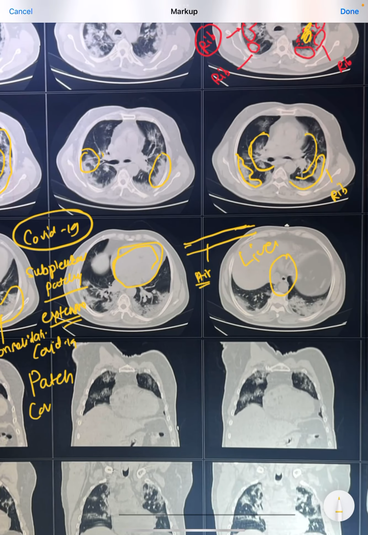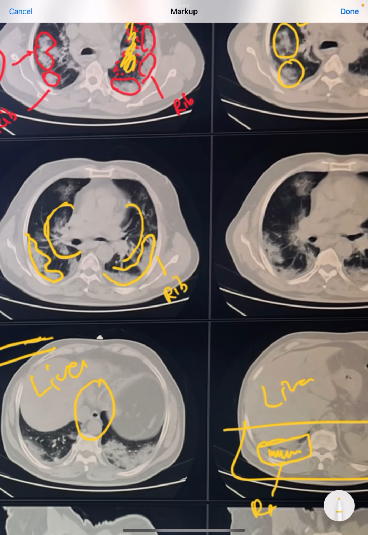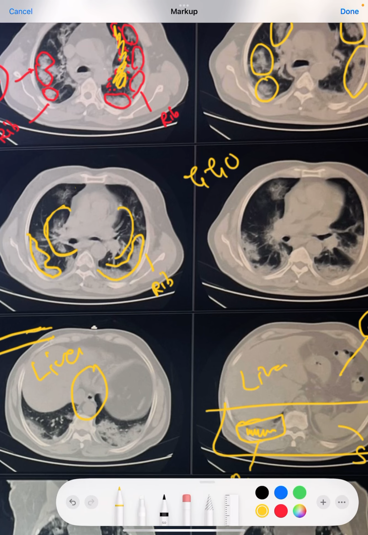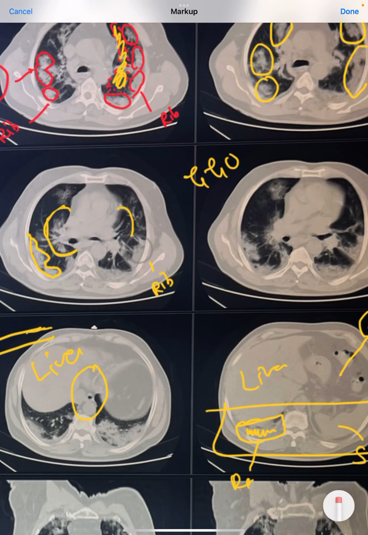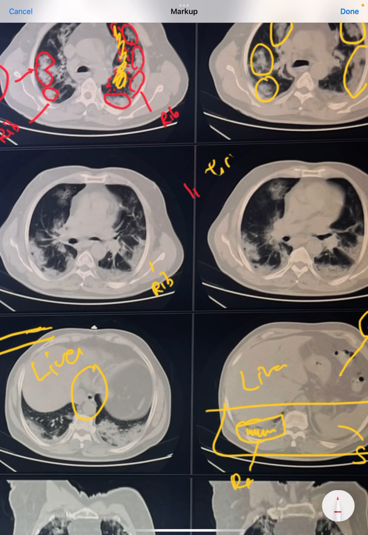Apart from this dense patch, the other typical finding of COVID-19 is GGO, that is ground glass opacities. What is a ground glass opacity? When we compare it with the dense white consolidation patches, which are very much white, GGOs are lighter lesions, light white patches.